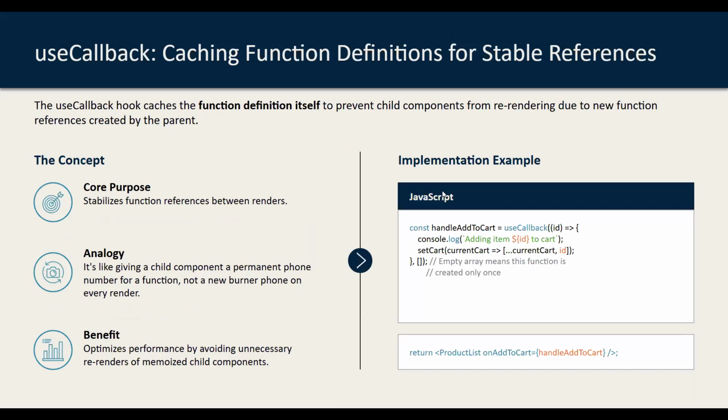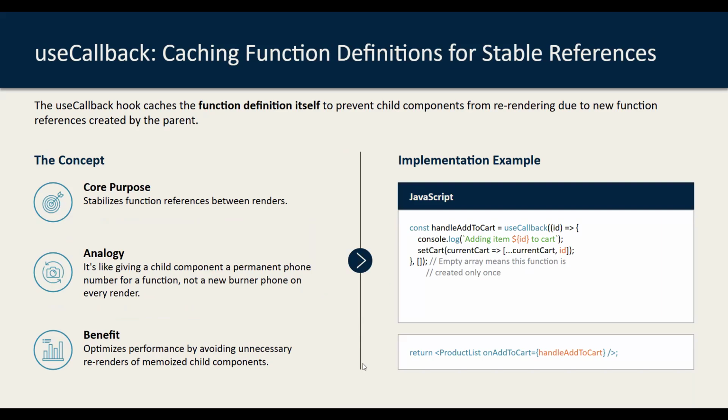Now let's take a look at useCallback. While useMemo caches a calculated value, useCallback caches the function definition itself, so that React can keep the same function reference between renders.